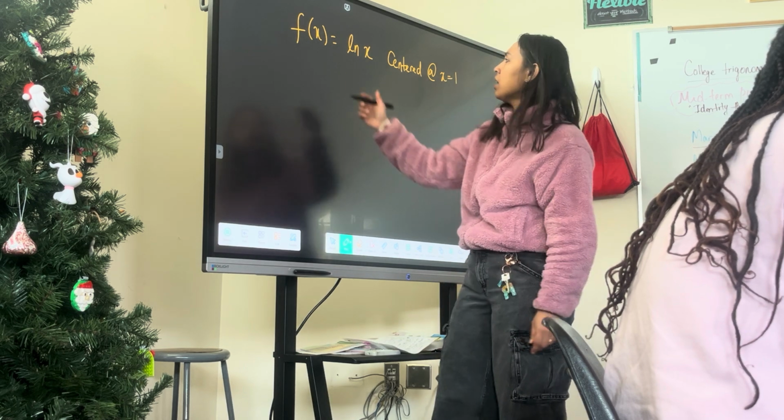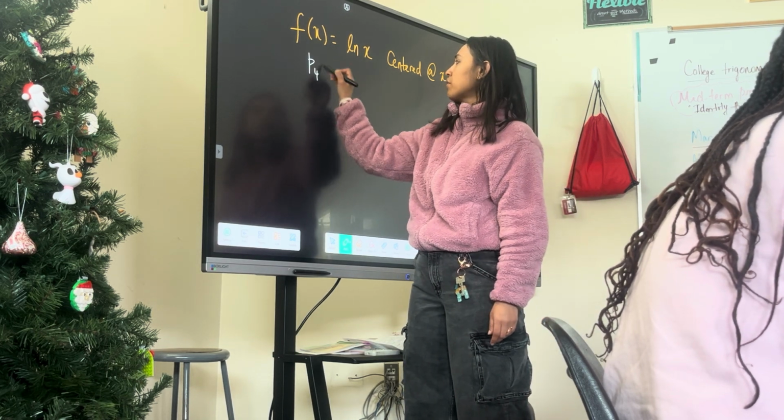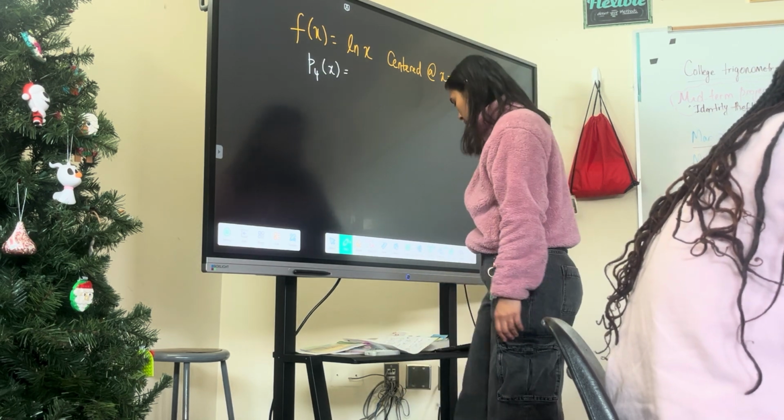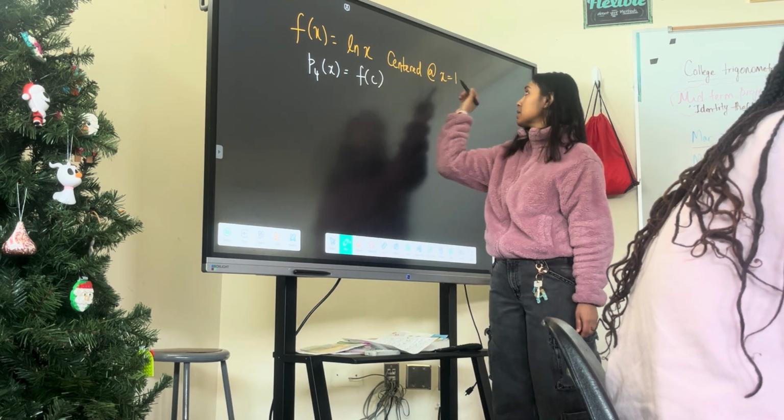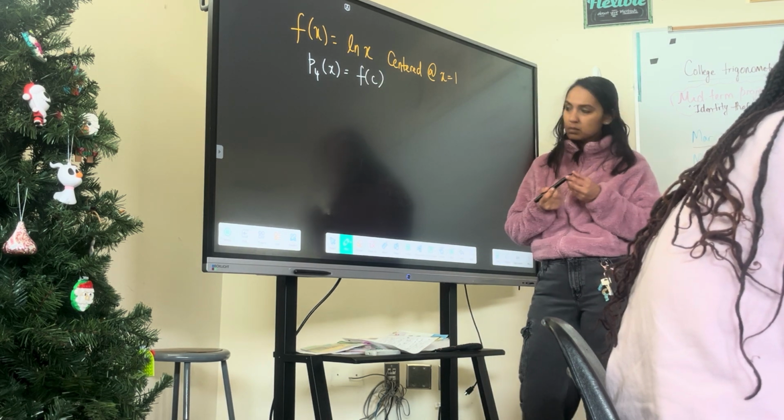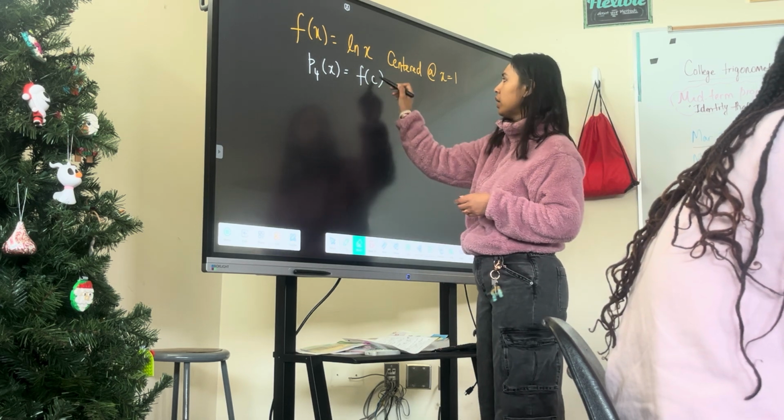Okay, write it down. P sub 4 of x equals, how do we go? f of c. In this case, the c is 1. You can write 1 if you want.